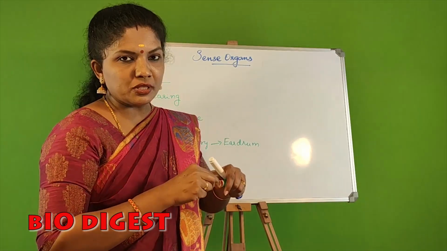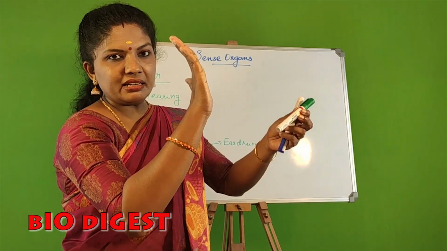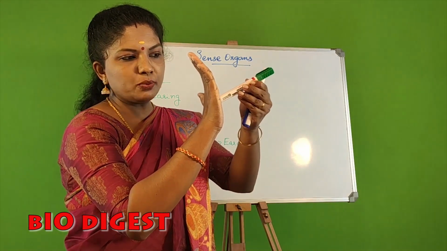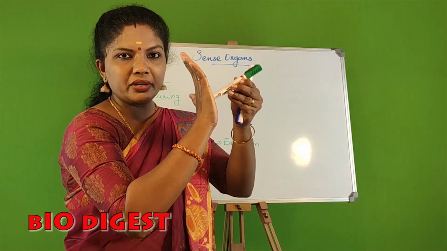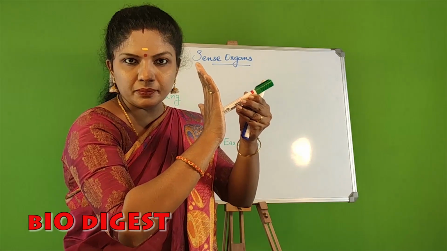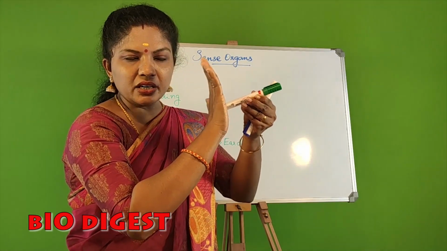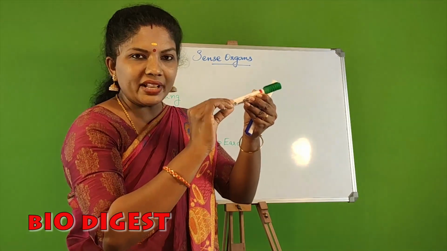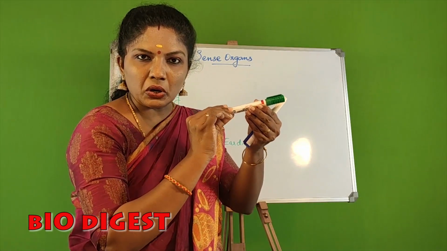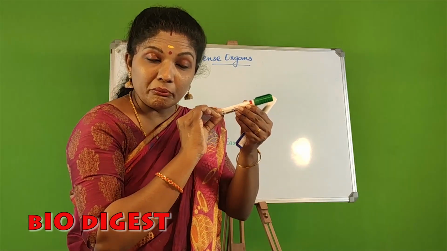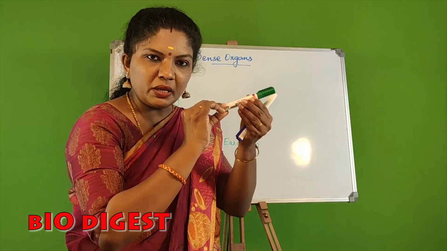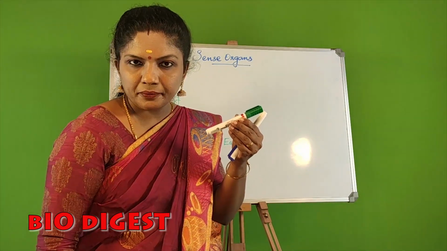So what is in touch with this eardrum? Imagine that this is the eardrum. In touch with the eardrum is the tiny bone called the hammer. So when this eardrum is vibrating, what happens? The first bone, the hammer or malleus, also will be set into vibration.